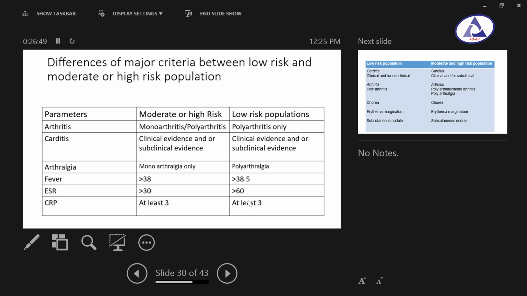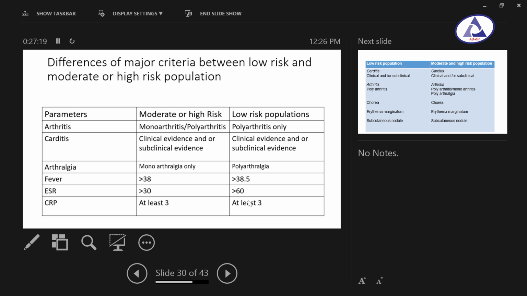Okay. Then we divide acute rheumatic fever into moderate or high risk population and low risk population. Moderate or high risk population means developing countries like ours, and low risk population means developed countries like the USA and Europe.